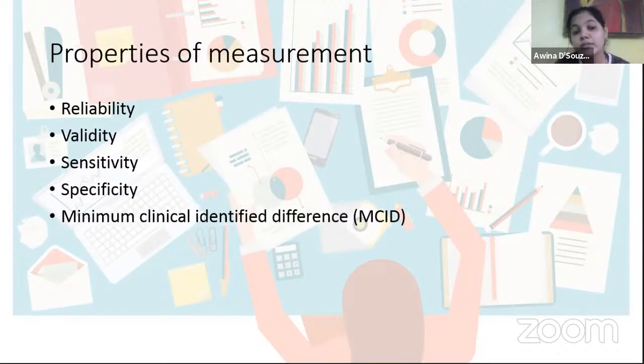For example, if the minimal clinically important difference for a VAS scale is 2, and a person you're treating with low back pain says that my pain has been reduced by 3 points, then you can tell, okay, fine, your treatment is successful. So for the VAS scale, your minimum clinically important difference will be 2. Similarly, there's a number for each and every scale.